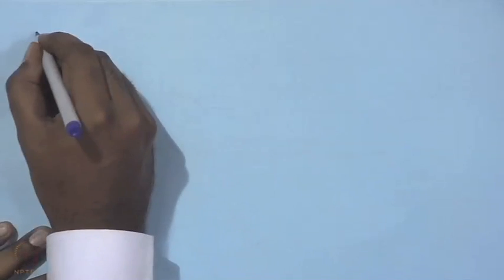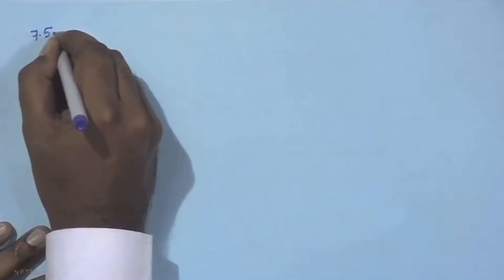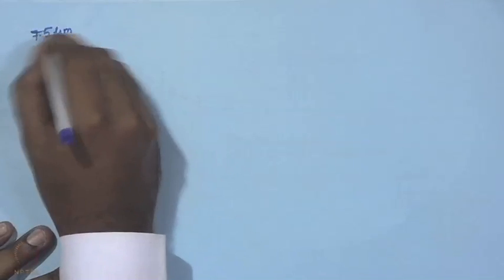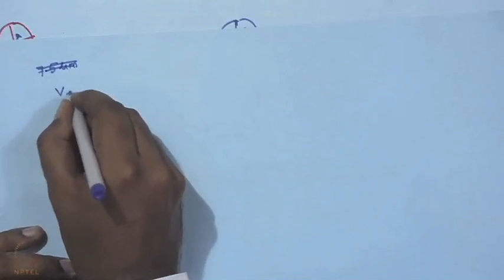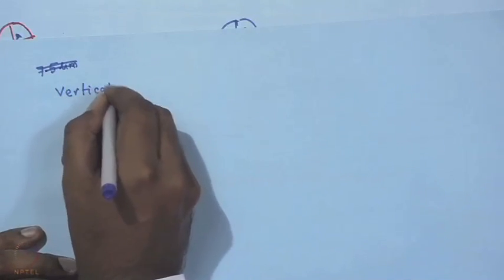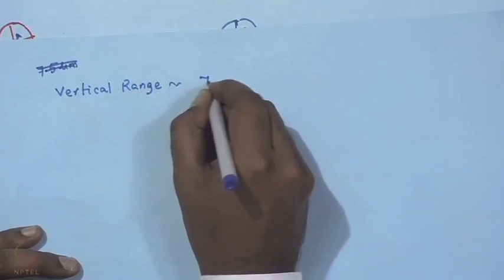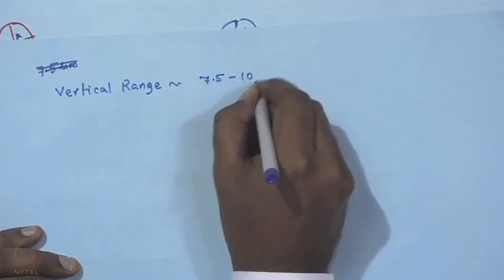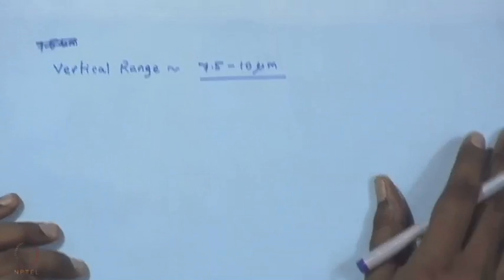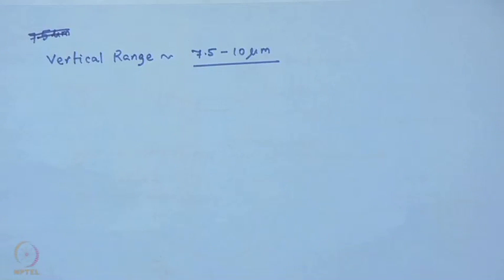AFM can scan almost any type of surface. Of course, we mentioned in one of the previous slides that the vertical range is about 10 micron. So, it can't scan features which are rougher than that.